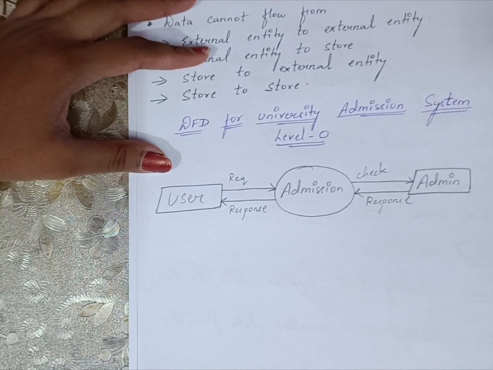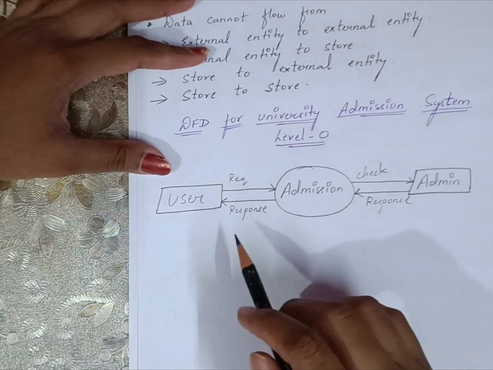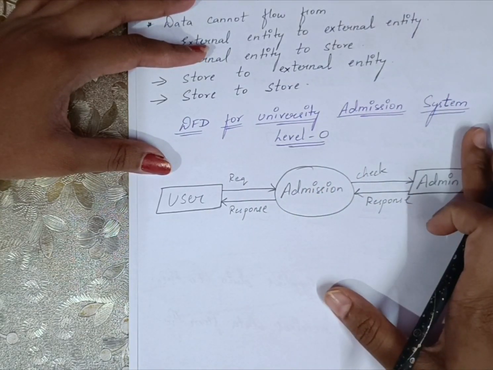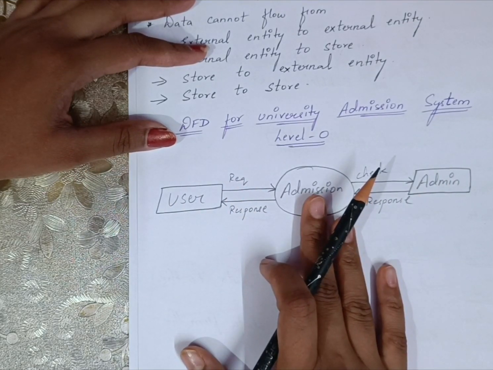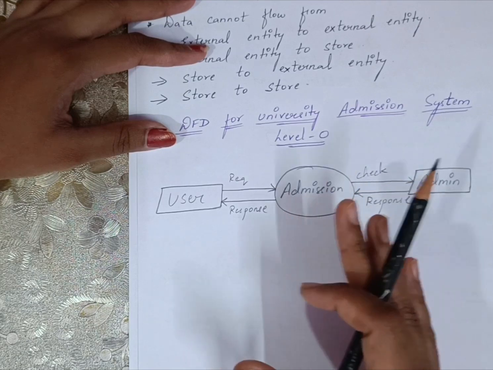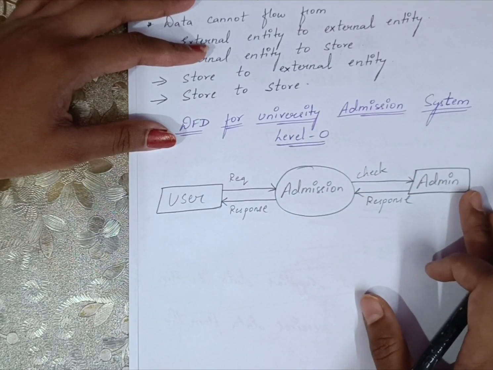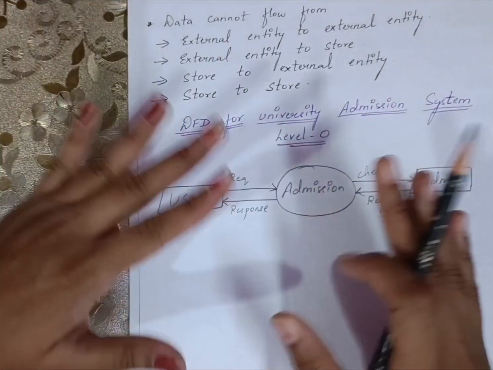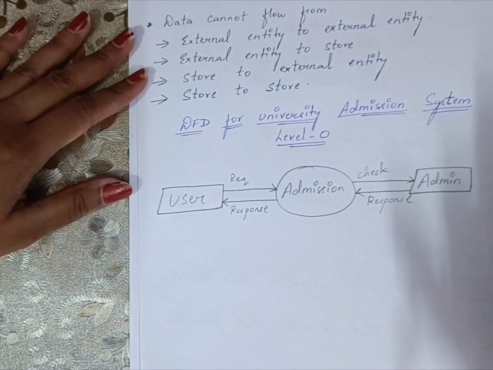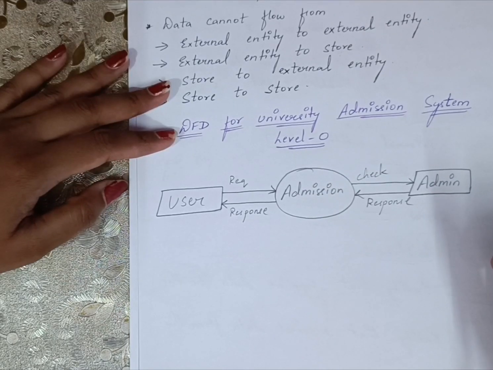We can also take any other example like college admission application or school admission application, it's up to you. The first basic thing you learn is that level 0 is like an abstract view of the application. We are not going very detailed about the application.